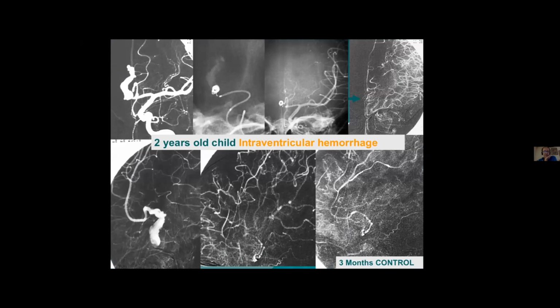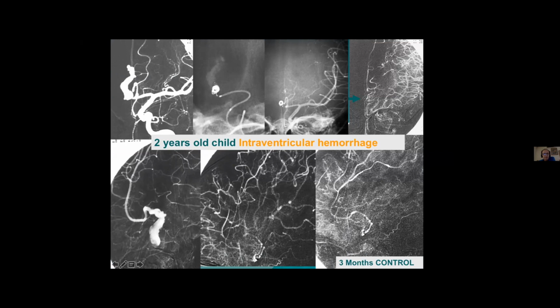This is an example that presented last week. It's a 2-year-old child with intraventricular hemorrhage. I have a fusiform A2 aneurysm. This is AP view, this is oblique view. Sorry, lateral view, projection.